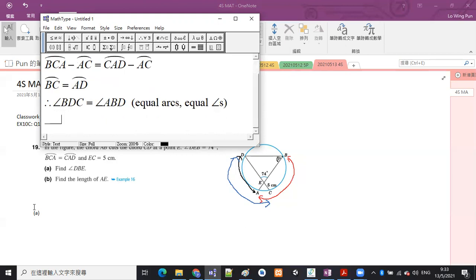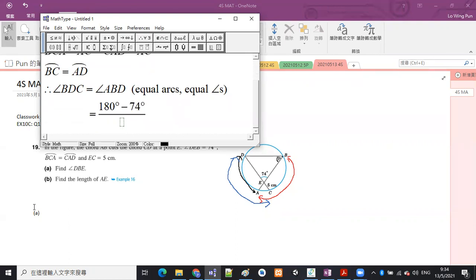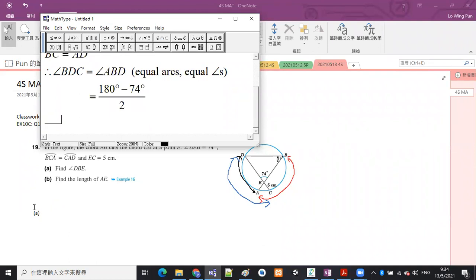And they are both equal to, because these two angles are equal now, and we have the third angle, we may use the angle sum of triangle to calculate each of the two base angles. It should be equal to 180 degrees minus the third angle, and then divided by 2. So this should be equal to 53 degrees.